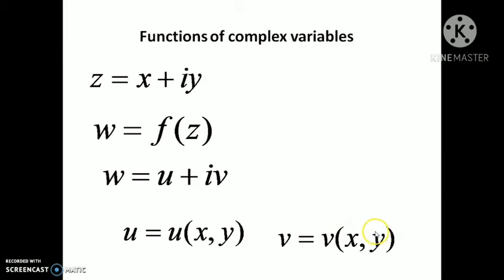So we took just one example, but for all examples of functions, it may be any kind of function, it can be broken up into two parts, u and v, which are separately two different functions of x and y. Now I hope I have convinced you.